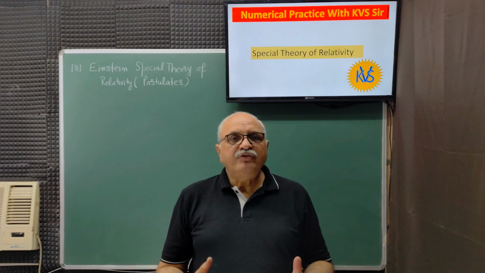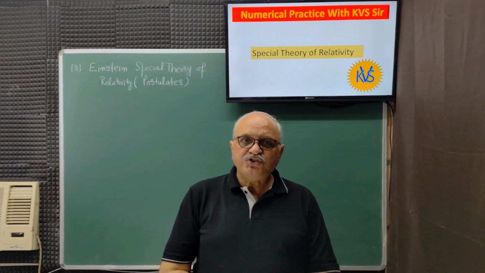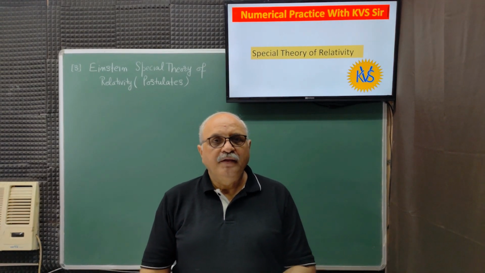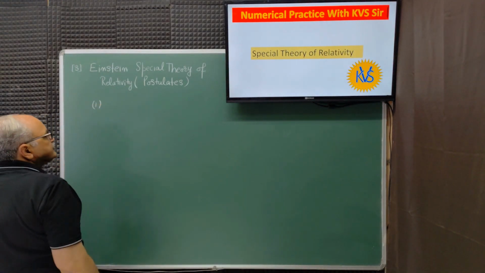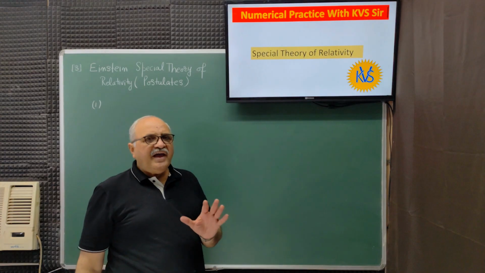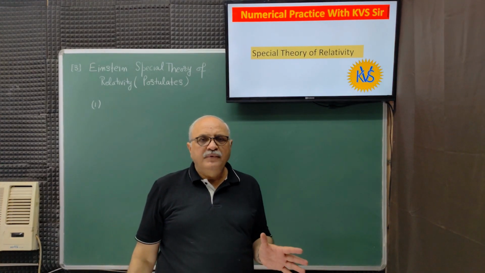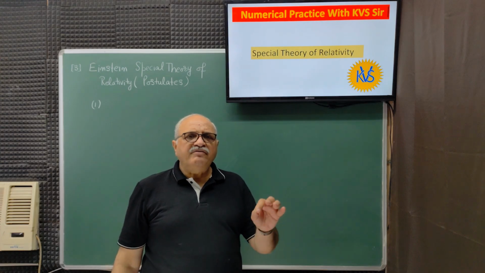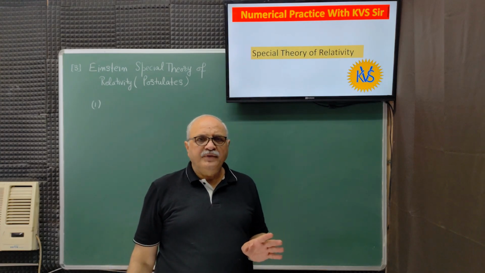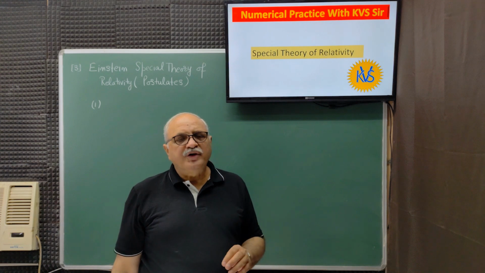As a consequence of the Michelson-Morley experiment, which proved that there is no luminiferous ether, Albert Einstein gave two postulates for the special theory of relativity. One of them is that all laws of physics have the same form in any inertial frame, irrespective of the velocity of the frame. This is the first postulate.